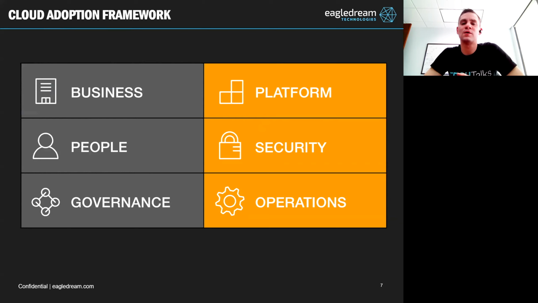And what this really does is it helps to close up gaps and help businesses to attain key buy-in from key stakeholders within the business, make sure that everybody's on the same page when they're ready to finally move to the cloud.